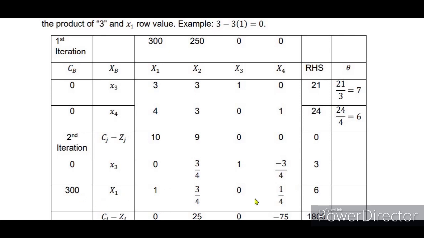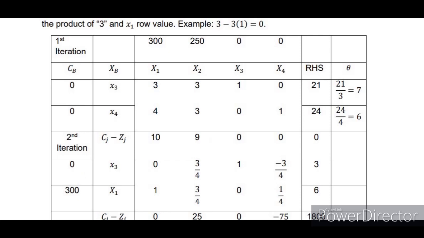Then 300 multiplied by 1/4 is equal to 75. So 0 plus 75 is equal to 75. Now we will subtract it from 0, the value here. So 0 minus 75 is equal to negative 75. Alright?